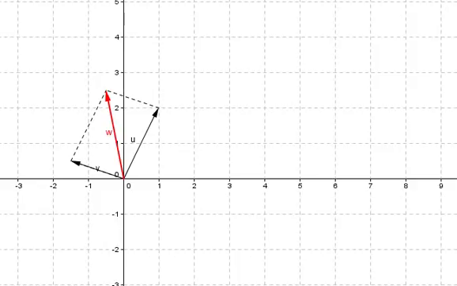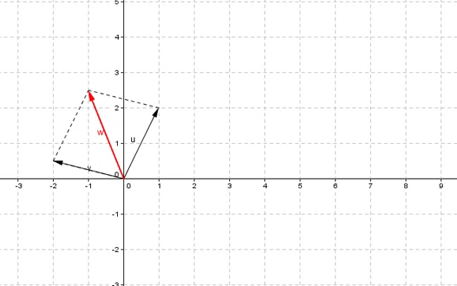Now let's look at what resultants, what sums, two vectors can produce. And you can see that there are some cases in which the sum of two vectors, speaking colloquially, disappears.